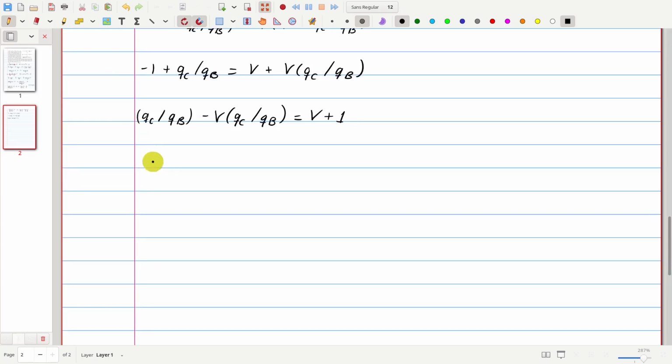Now we factor out the quotient QC over QB. And there it is, folks, the answer. If you go back and see what is the value of V, you will get the final value we show here.